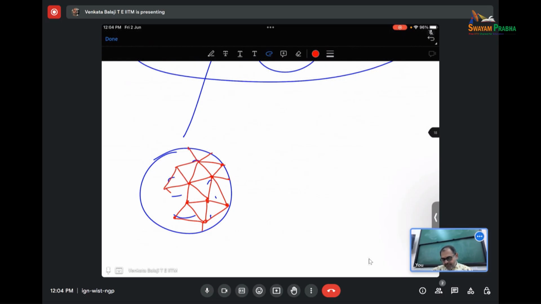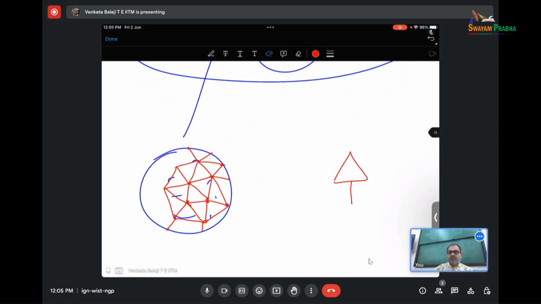I should be careful to draw this. So the important thing is, what is this triangulation? Mathematically, you are covering it by triangles. And what is the rule? Any two triangles can meet at a point, or if they meet, they can meet in a side.